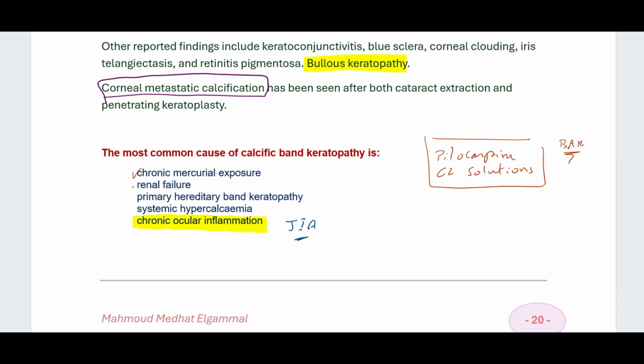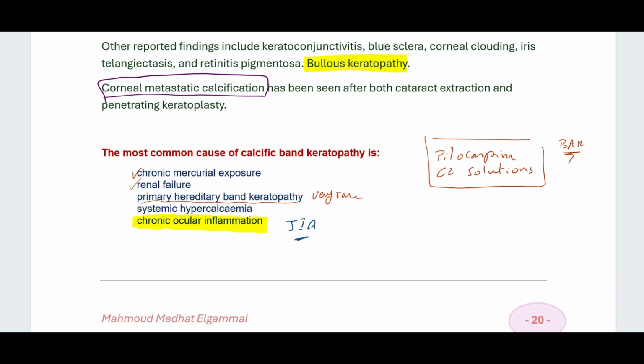Renal failure causes an imbalance between phosphate and calcium and leads to deposition of calcium in the cornea. Primary hereditary band keratopathy, what is this? It's very rare, actually. It's rare to the extent that only 3 families were described during the 20th century.